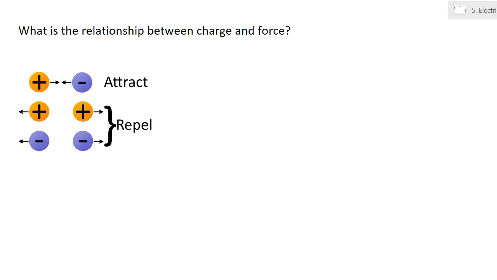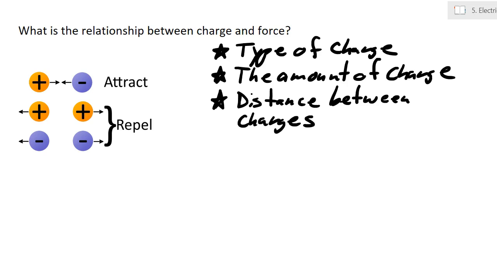Lastly, what is the relationship between charge and force? There are 4 things that can affect the amount of force a charge exerts on another charge. And that is the type of charge, the amount of charge, distance between the charges, and the medium or the environment the 2 charges are in.